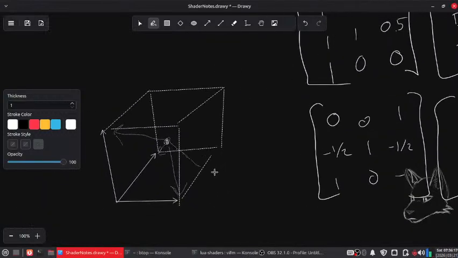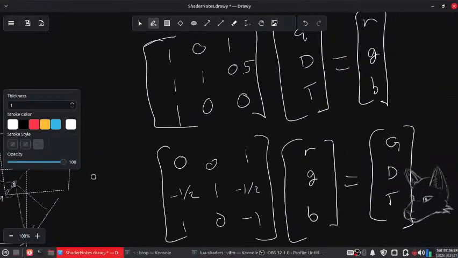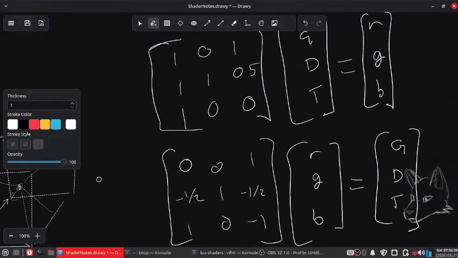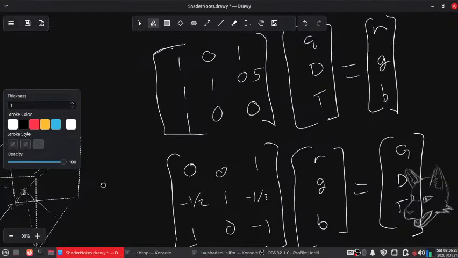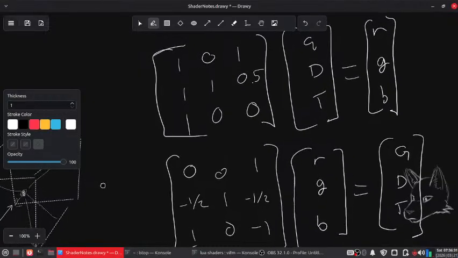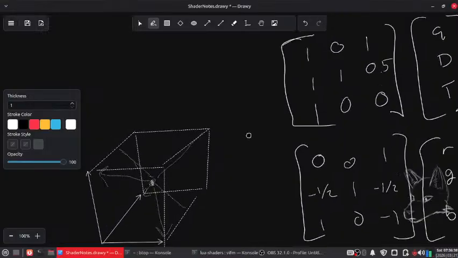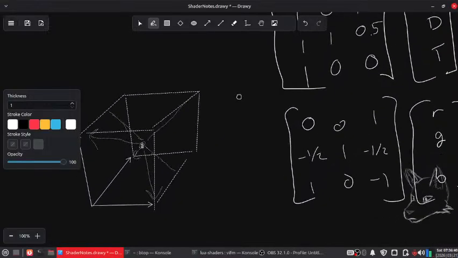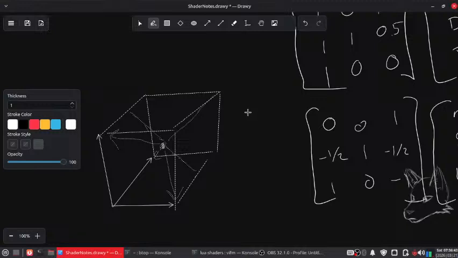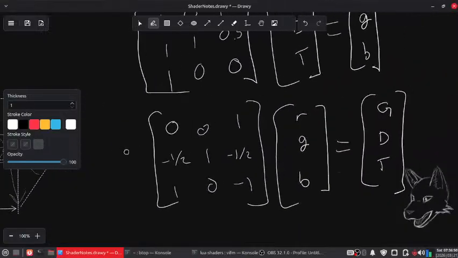Full bright. I would expect all of them to be GDT. Why is that any different? Because this should be like that's there. Why is that any different? Interesting. Because all 3 of these should be.